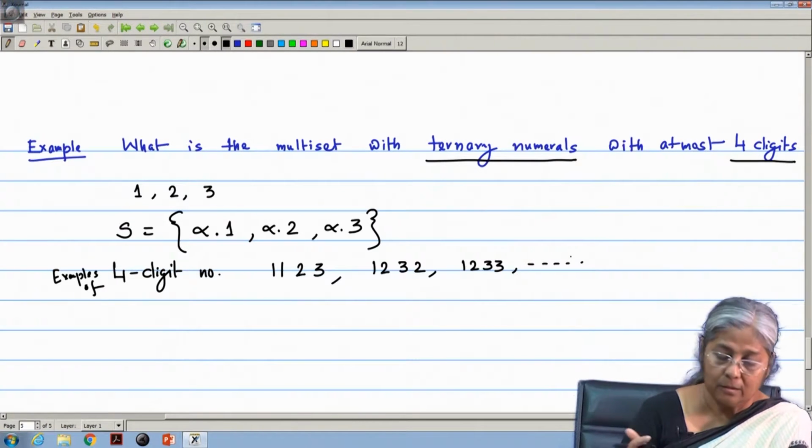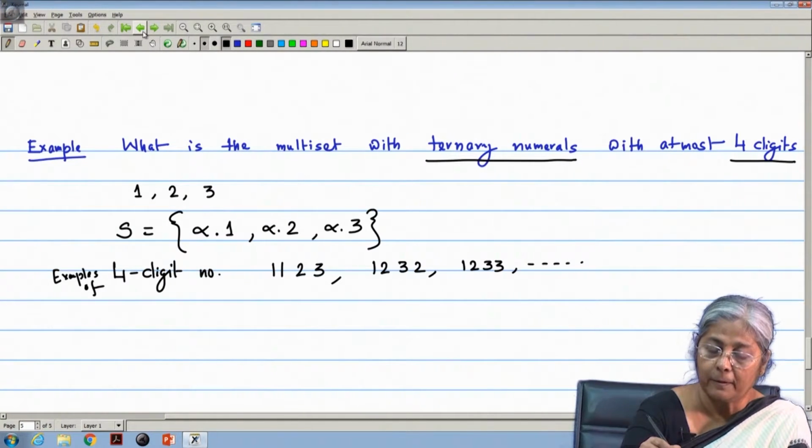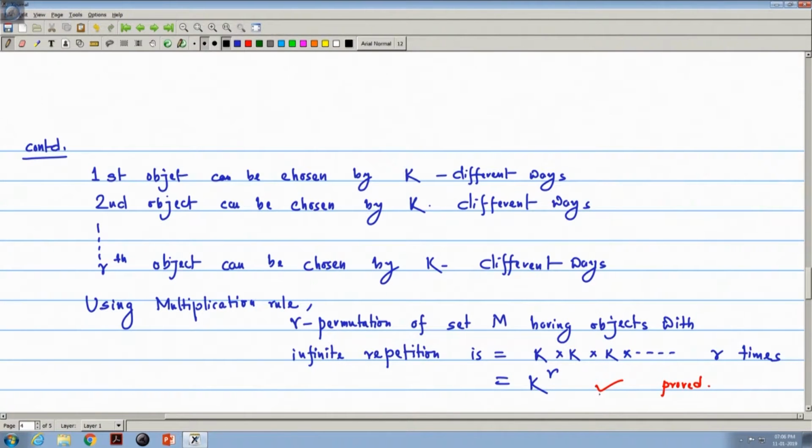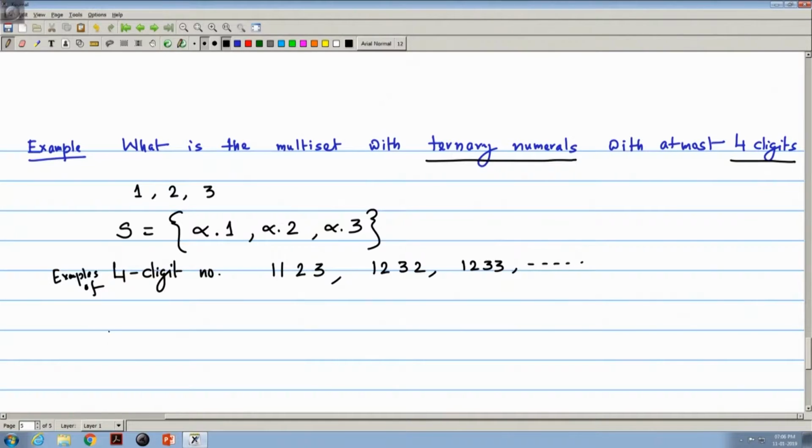So, directly we can apply this theorem, because here it is k to the power r. k is 3 because I have 1 to 3, only 3 different types.